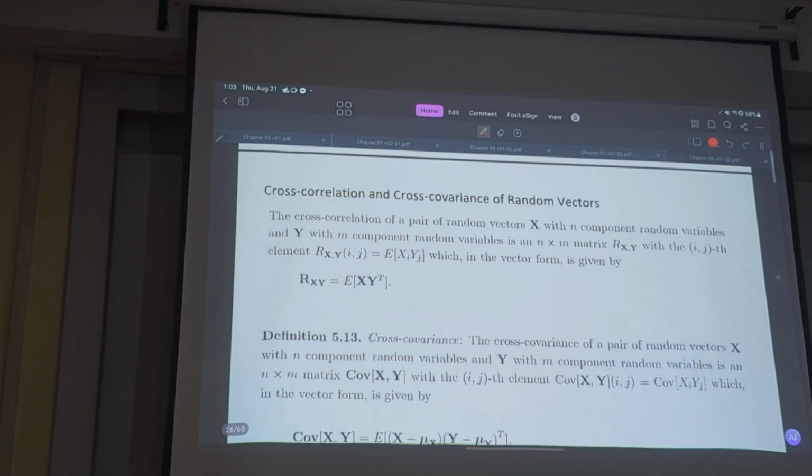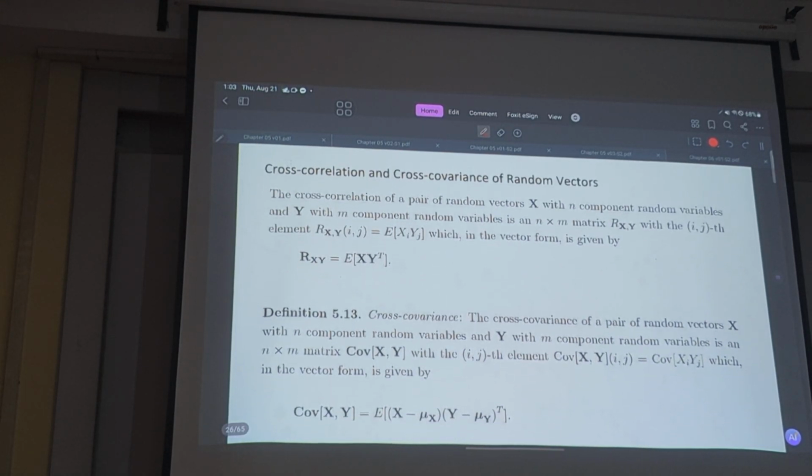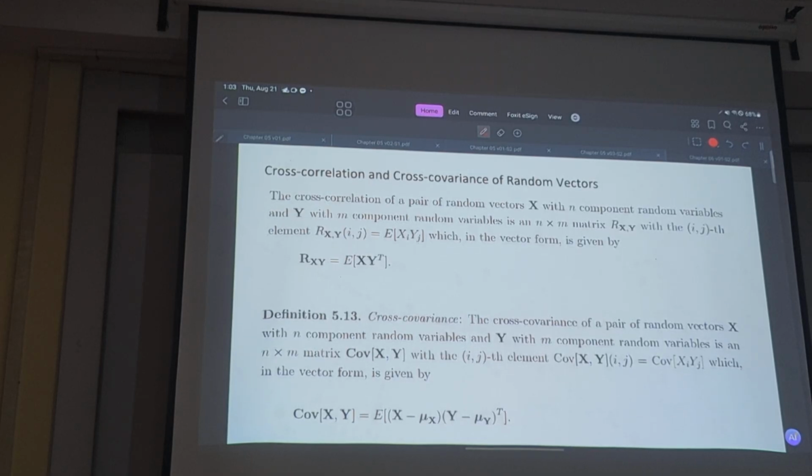Before we leave, let me show the cross correlation. What is cross correlation? If we calculate the correlation between two random vectors, then we call it cross correlation. The earlier one that we considered as correlation or covariance was autocorrelation. If it is with itself, then we say it is autocorrelation or autocovariance, and if it is between two random vectors, then we call it cross correlation.